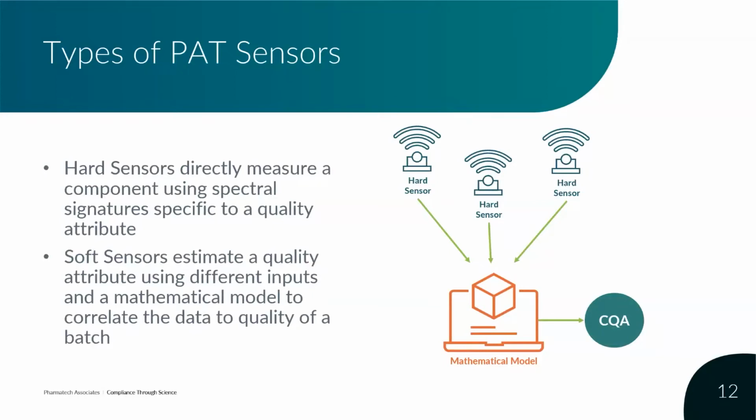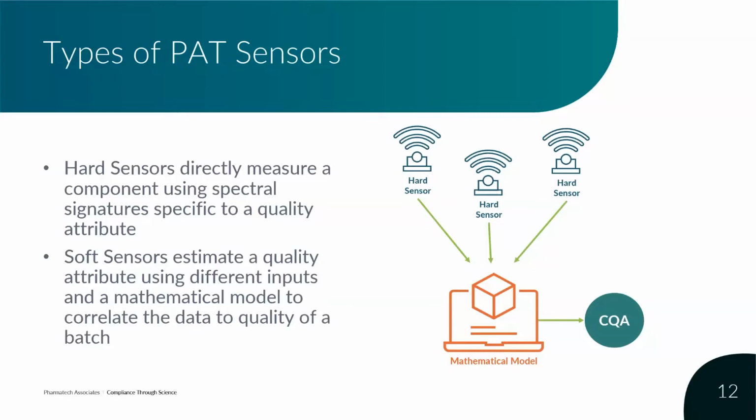A lot of times the hard sensors that you're going to see use spectral signatures or spectral attributes that are unique to a particular compound that when properly calibrated can provide both qualitative and quantitative data regarding the compounds in question.